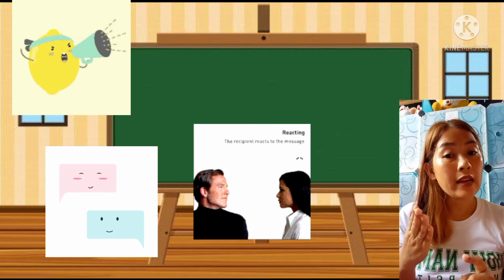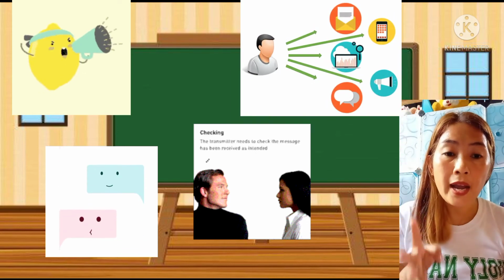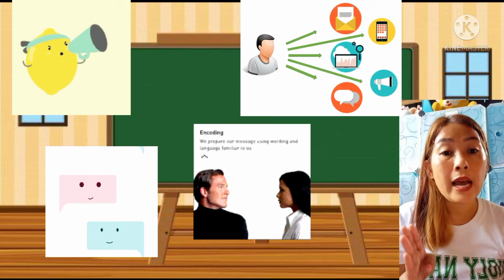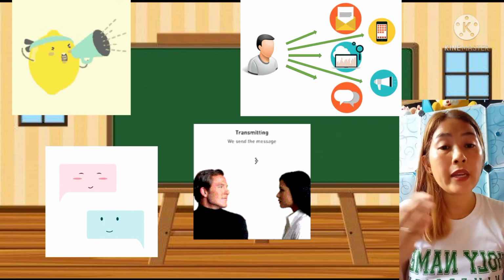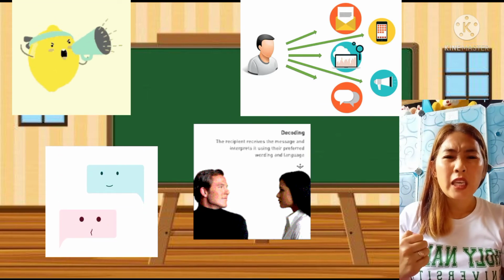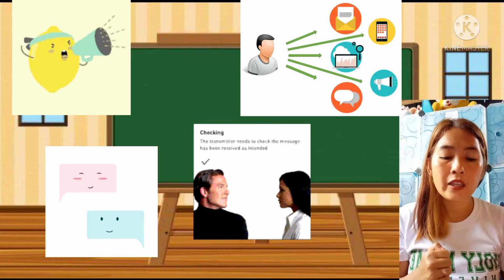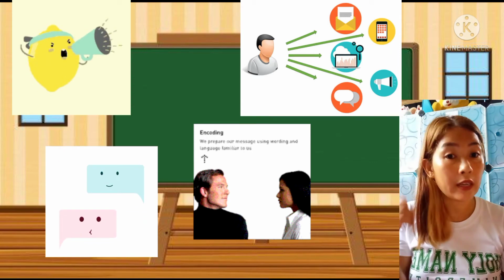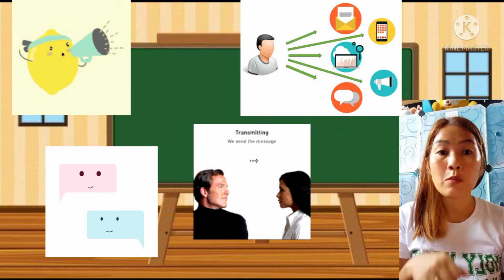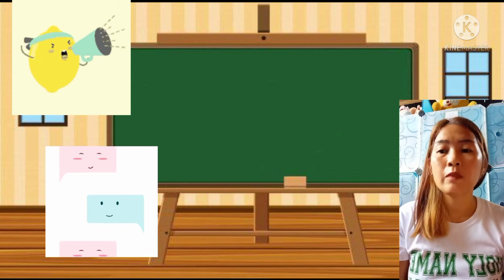Okay? Channel is unsa ang paagi nimo gipadala imong message. Imo bang gipananghid face to face? Imo bang gisulatan lang? Imo bang gichat lang or nanawag ba ka? Okay, so mao na siya ang channel.